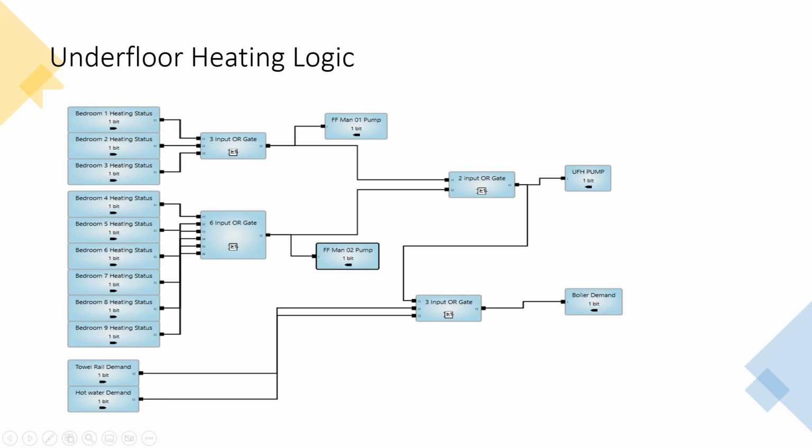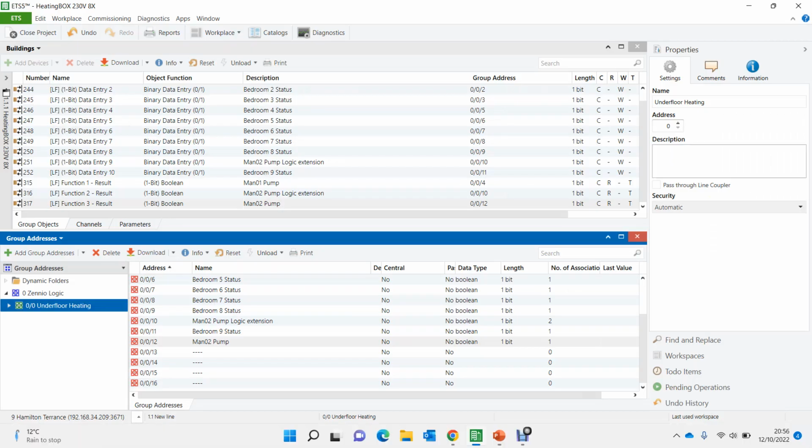now what we need is to create something for the manifold UFH pump. So if any of these two is on, we need to turn on the manifold pump. So let's go back to the ETS. What we got here is manifold pump trigger.